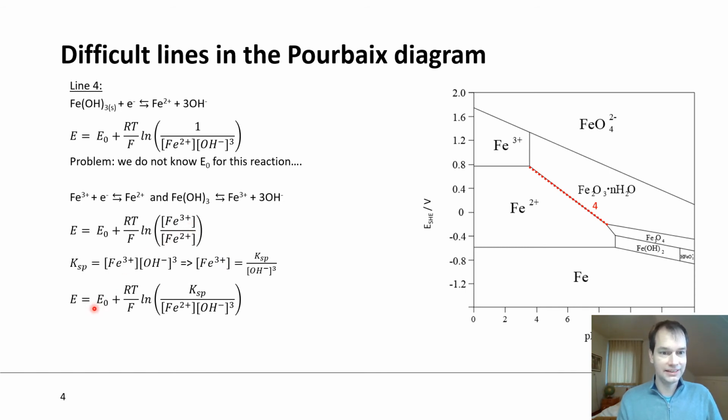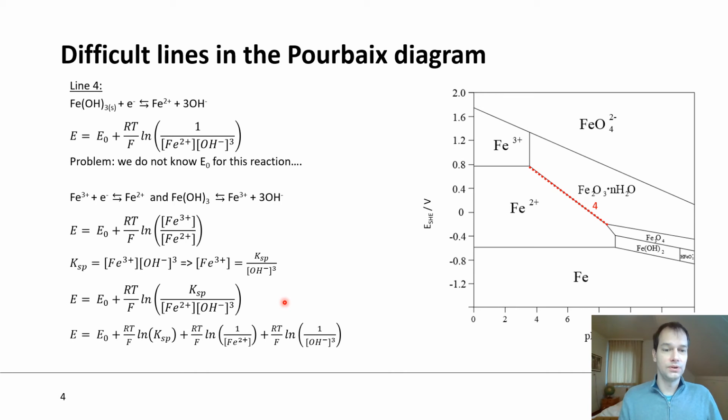And then we get E is E0 plus RT/F ln of the solubility constant divided by Fe2 plus times OH minus to the third. So this is now not the E0 of the first reaction, it's actually the E0 of this reaction. This also leads to a different equation. Here we did not see the KSP, and here we do see the KSP. So that's the critical difference.